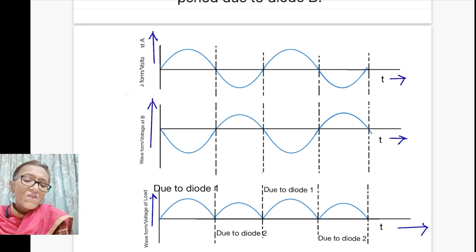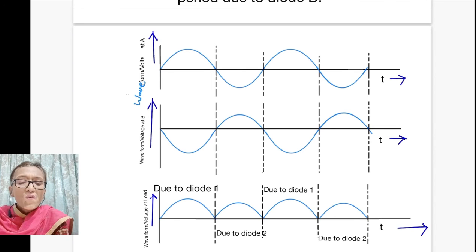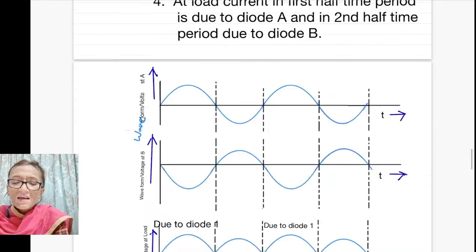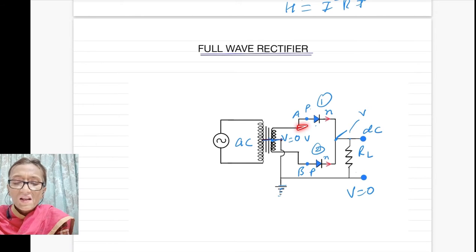Here you have the waveform or voltage at point A. You can see A is before your PN junction. So the voltage will be the voltage of the secondary, which is your time varying voltage.